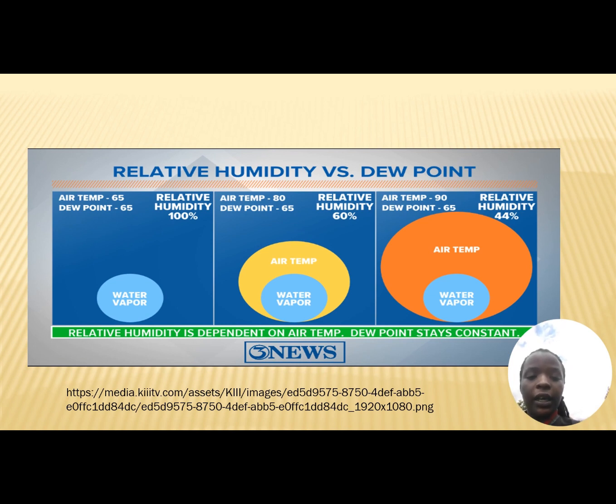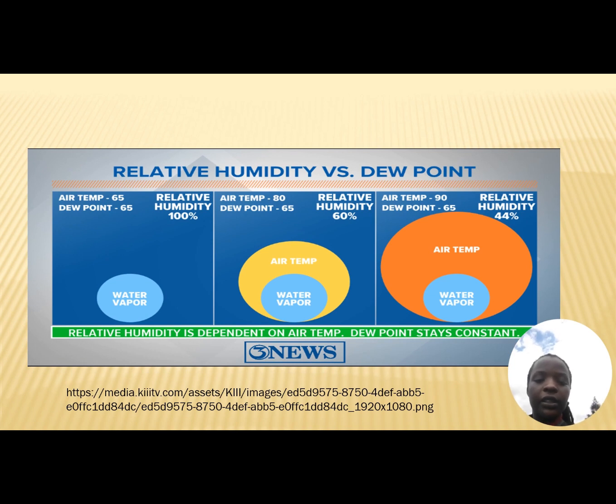And when the air temperature is 80 and dew point is 65, the relative humidity is 60%, which means there is air temperature and water vapor. And when the air temperature is 90 and dew point is 65, the relative humidity is 44%, which means that there is air temperature also and water vapor, but at higher amount.